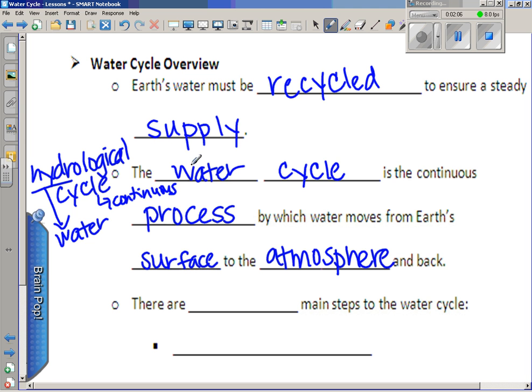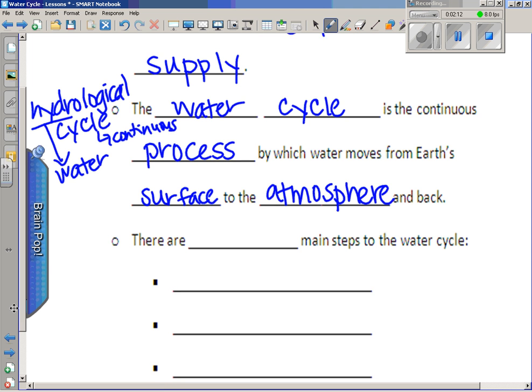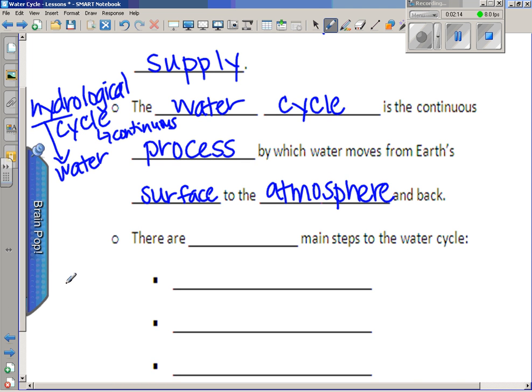Now we're going to talk about 4 main steps to the water cycle, but it could start at any place within the water cycle or stop at any place. But these do occur usually in a specific order.